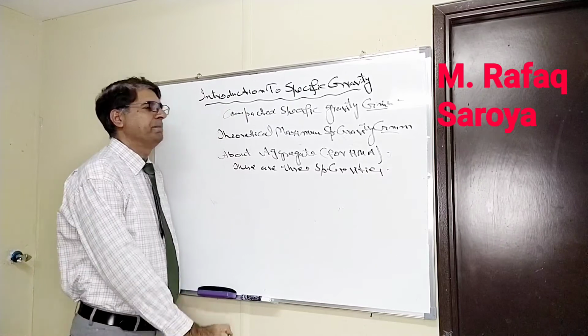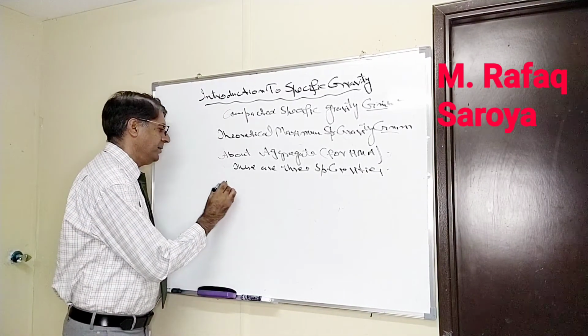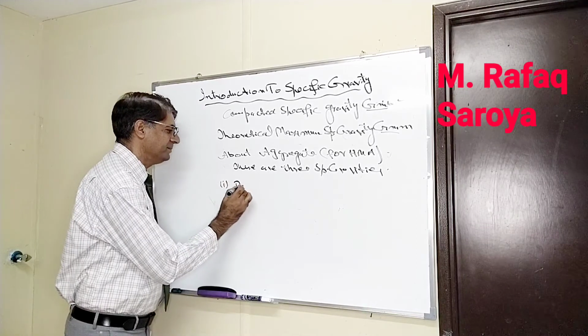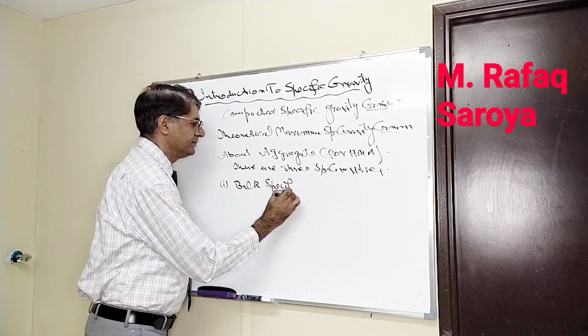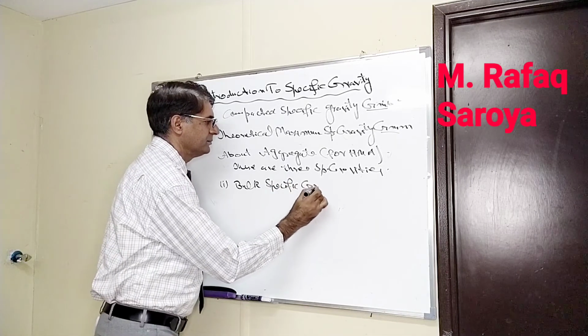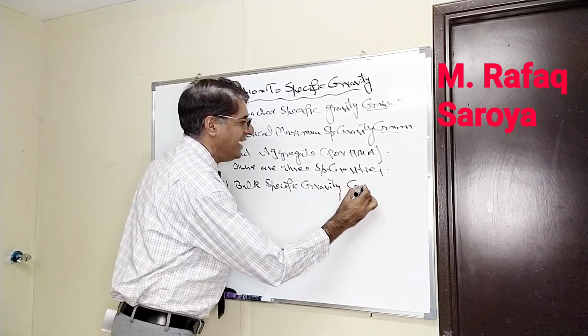Which are those 3? Number 1, bulk specific gravity, which would be represented by Gsb.